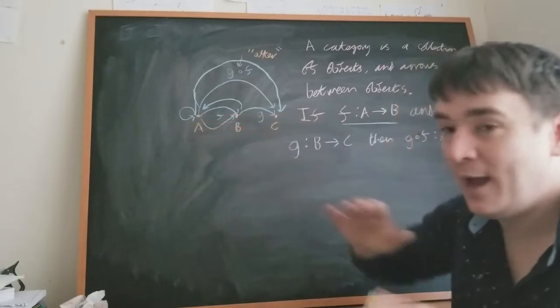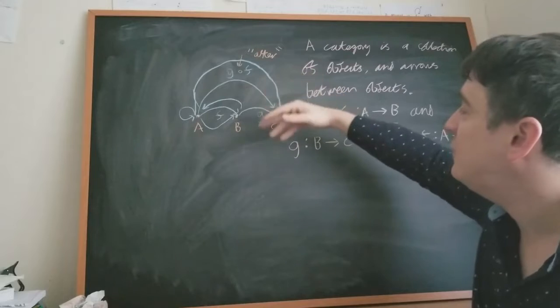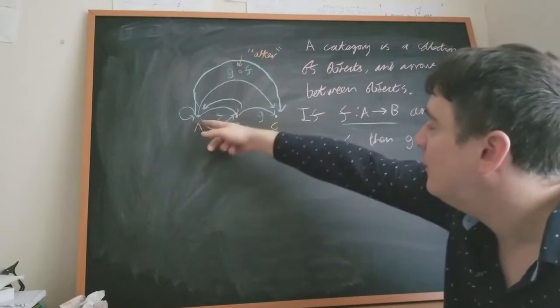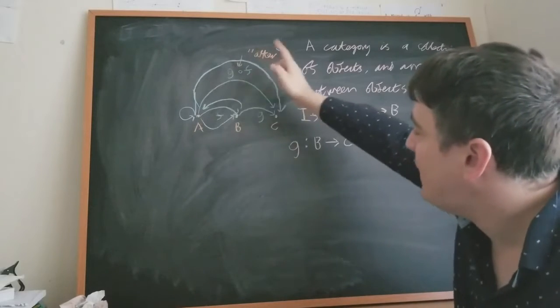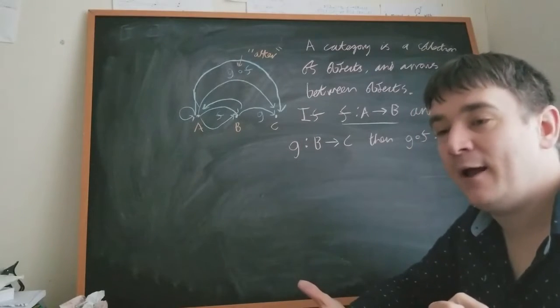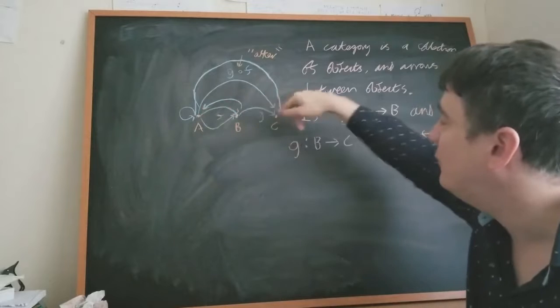And that means we can compose those arrows, and that means their composition should be another arrow in the category, an arrow that starts at A and ends at C. And we see in this picture there are two such arrows. So when we're defining the category, we'd have to say which one of these corresponds to the composition of these two.